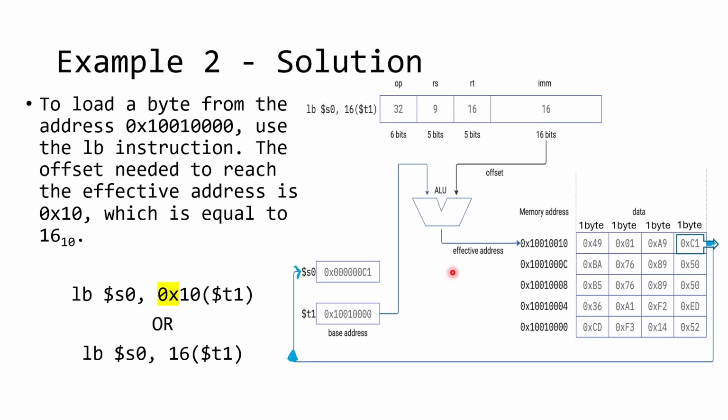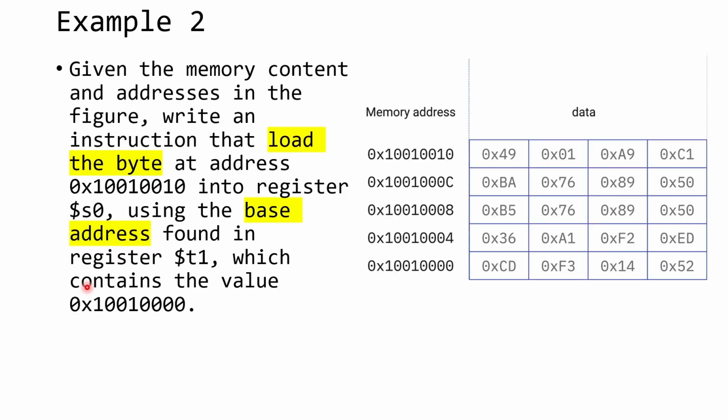The solution is that because we just want to load a byte, which needs to reach the effective address 0x10, we can use the command load byte into register S0.